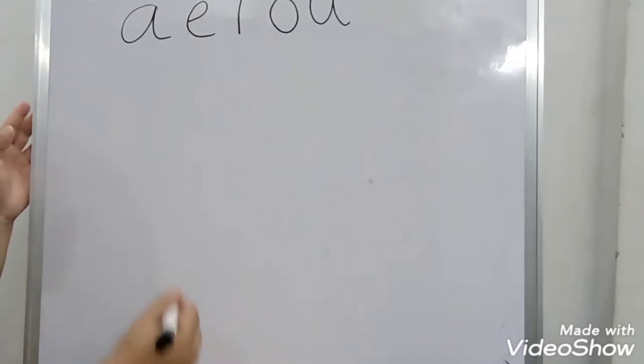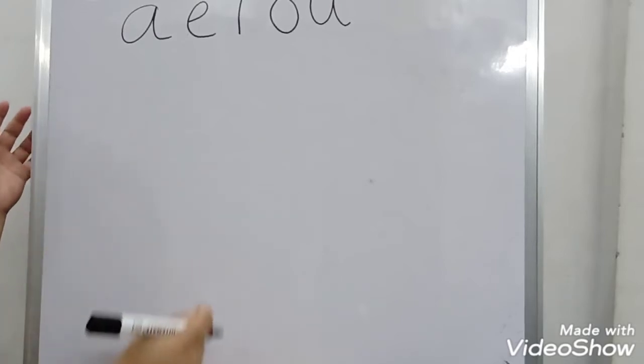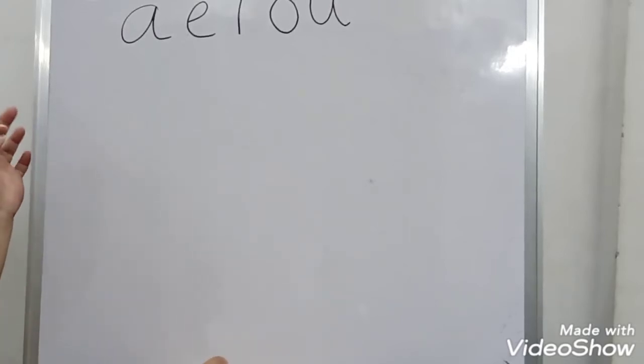Now I'm going to explain to you about the CK rule. Before explaining the CK rule, I just want you to remember this: when two letters that make the same sound are next to each other, the sound is only said once.